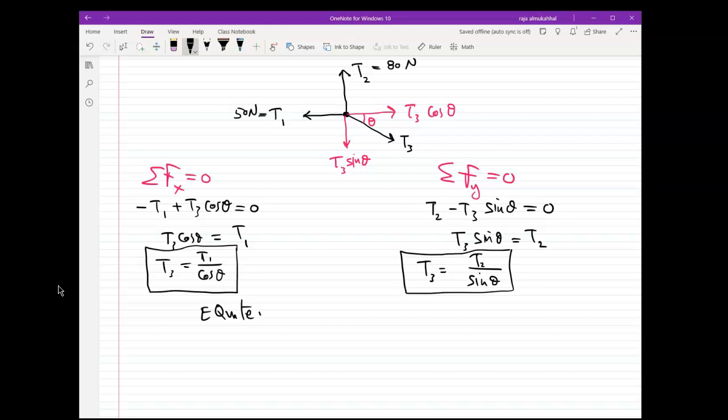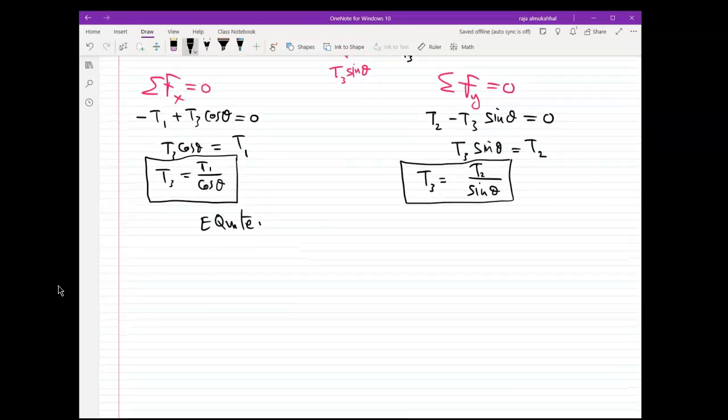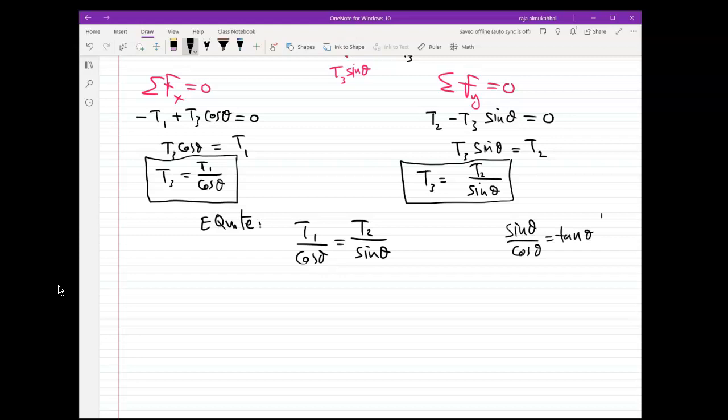So in this case, I'm going to have T1 over cosine theta equals T2 over sine theta. And I would like to get a ratio of sine theta over cosine theta, because I know it's equal to tan theta. I hope you see what I'm doing here. I want to get that ratio. So what I can do, I can cross multiply, and I'm going to get this.